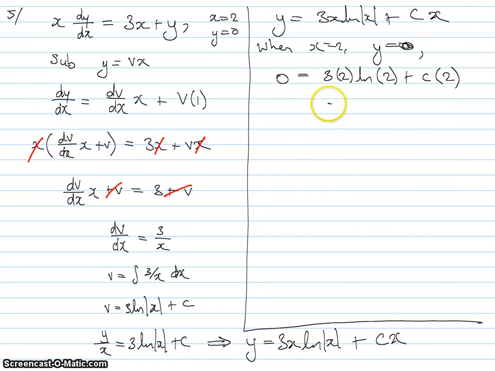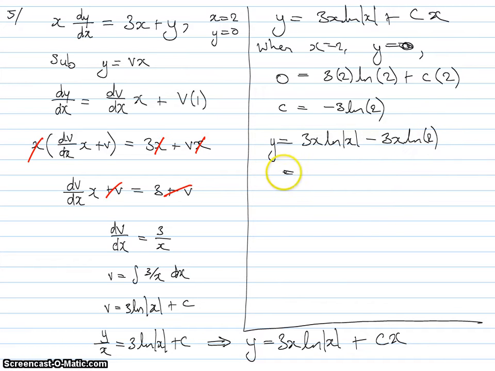If we rearrange and simplify this, this means that c is equal to negative 3 ln 2. So what does that tell us about y? It means that y is equal to 3x ln modulus x minus 3x ln 2.